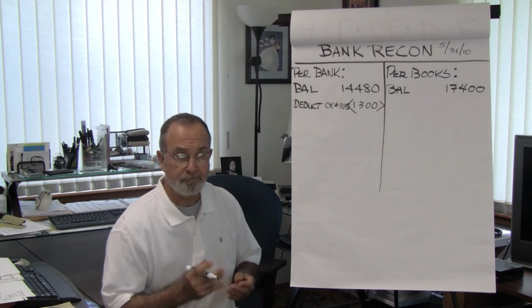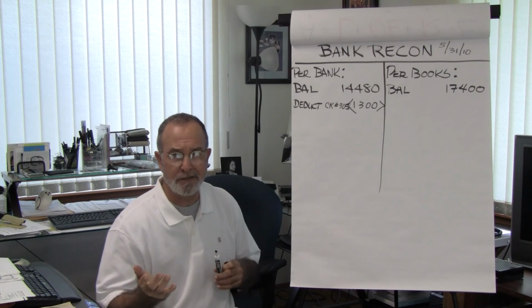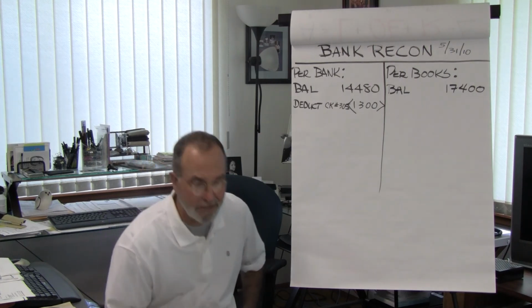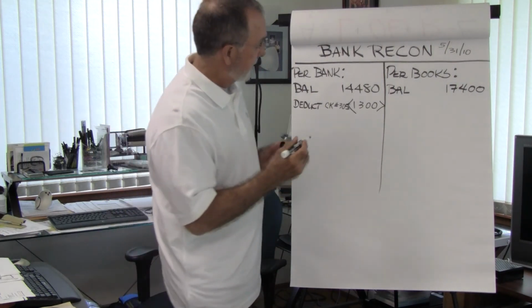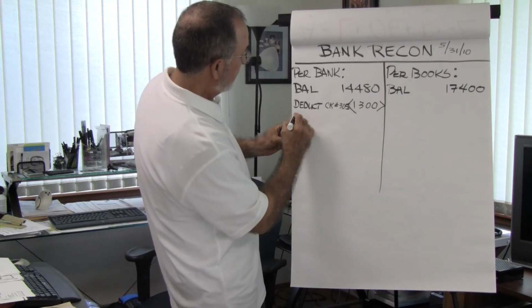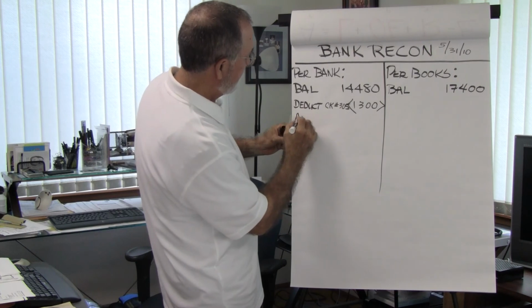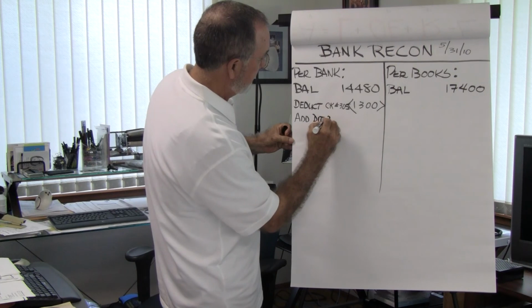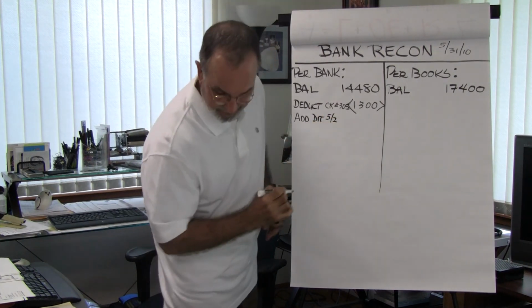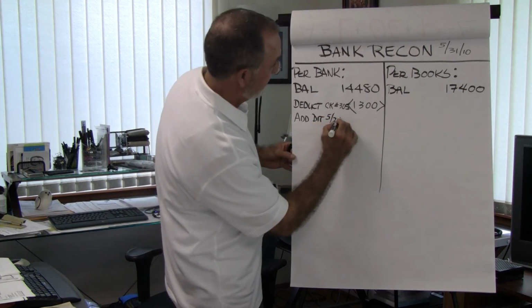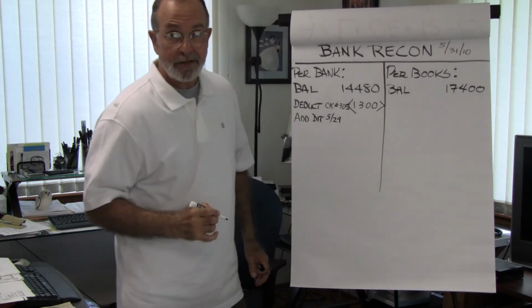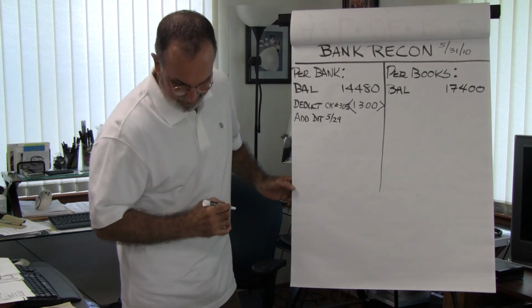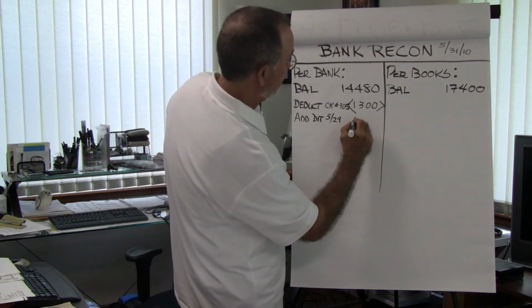Most likely that deposit hit the bank probably on June 1st or somewhere around that time. So that's another reconciling item, and in that case we would add that deposit in transit from May 29th to our bank balance, and that amount of that deposit is $4,000.